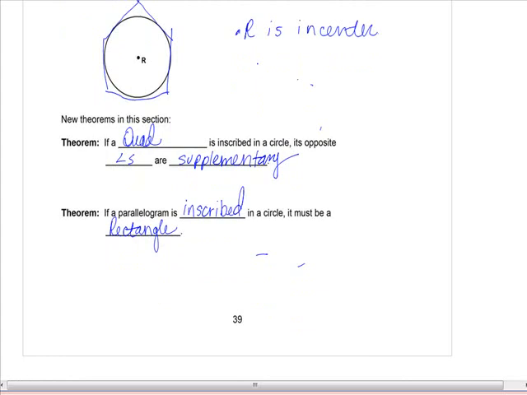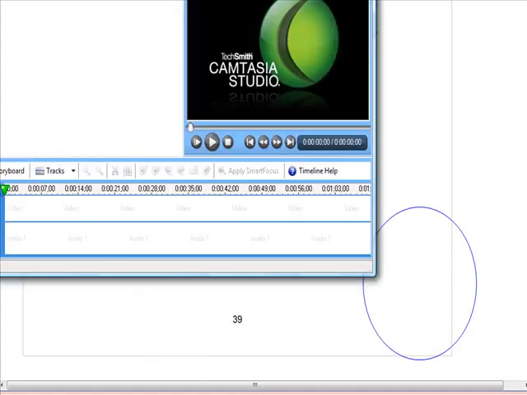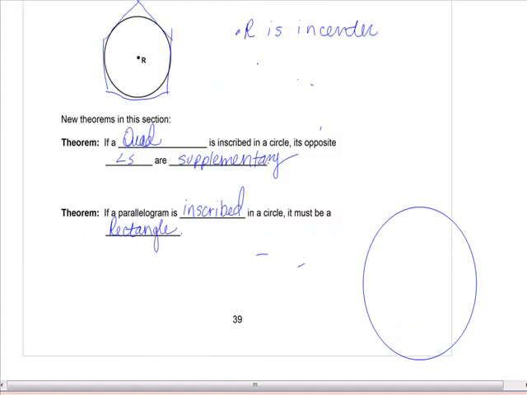Let's go ahead and illustrate that last one. I'd like you to draw a circle. And let's draw a parallelogram. So parallelogram means opposite sides parallel, right? Let's start by trying to make my opposite sides parallel. Well, you can kind of just tell by looking at it that it looks like a rectangle.